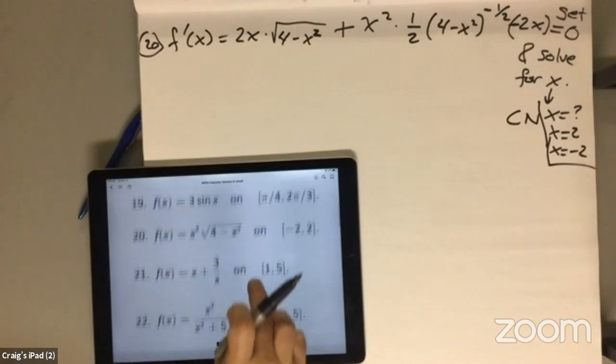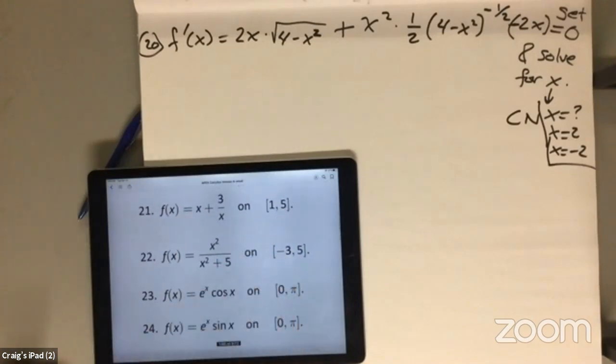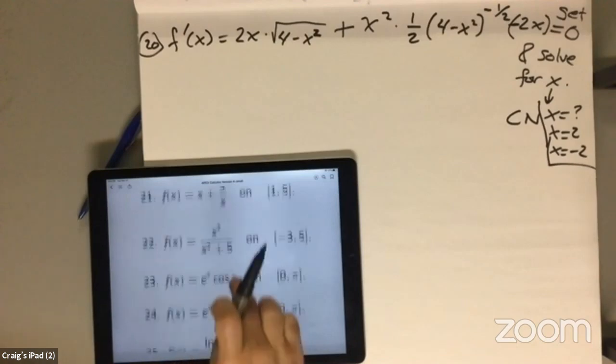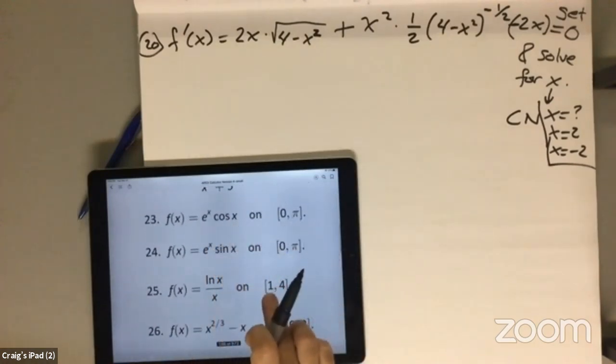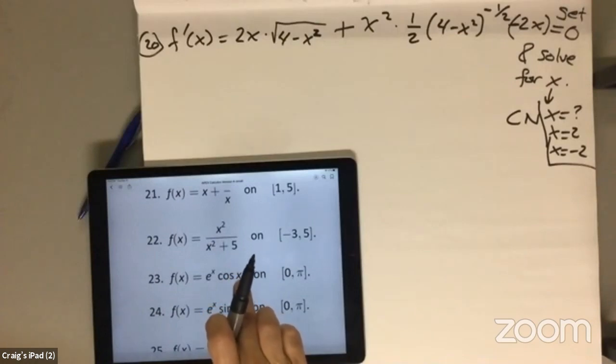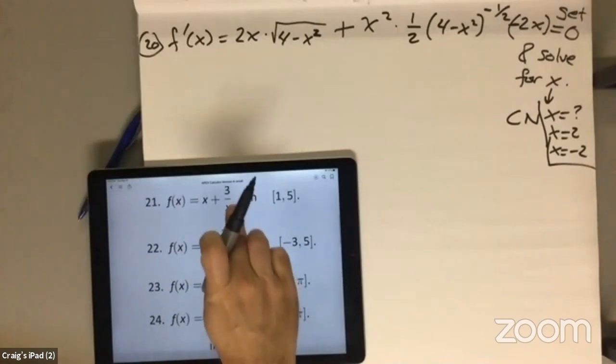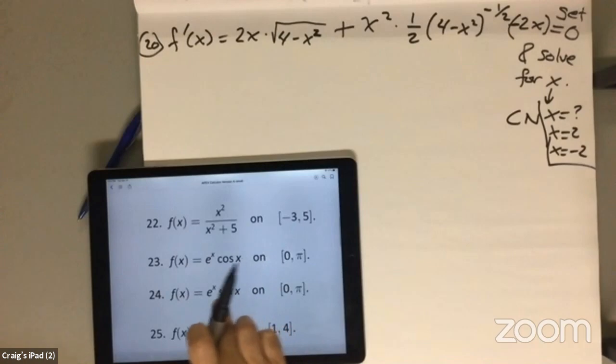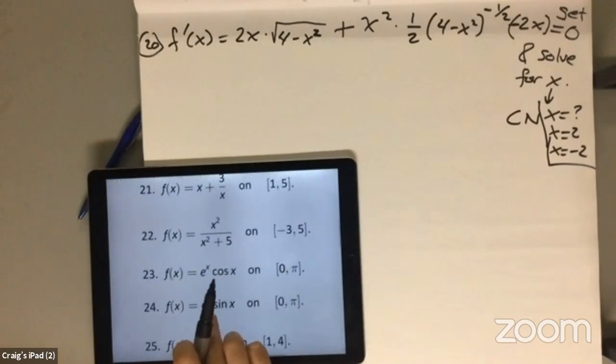21. Well, the algebra doesn't look as bad on this one, so I might just do that one all the way through. And then we have 24 and 26. I think I'm liking 24 and 21. Okay, I'll do 21 and 24 because this one's very different. It's not algebraic. It's got this trigonometric and exponential function.